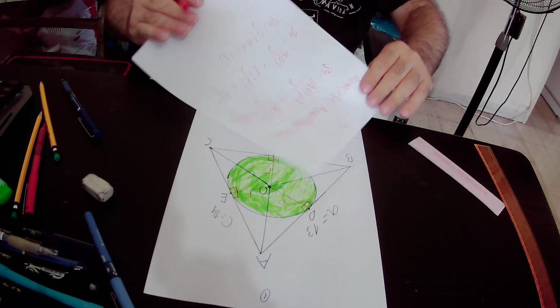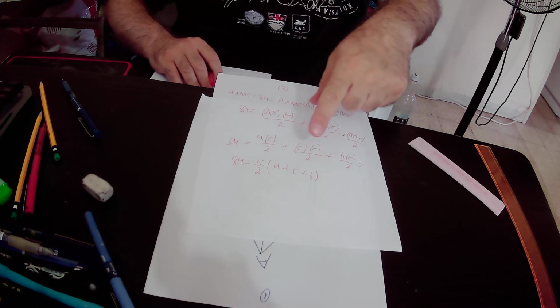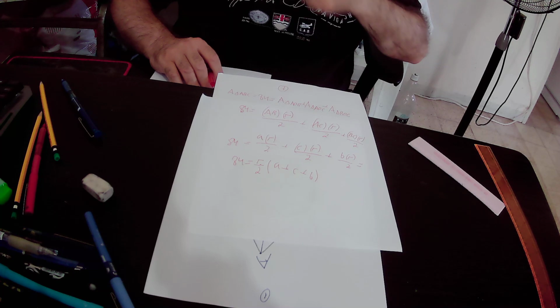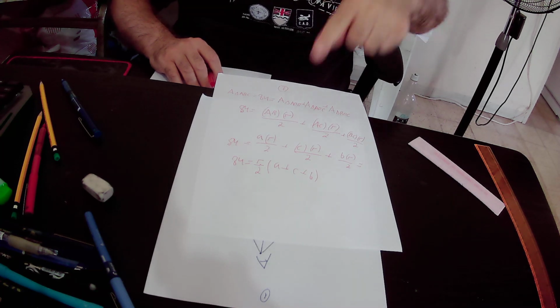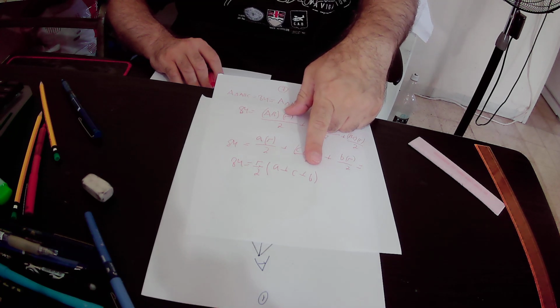Okay, so in total we got that 84 equals R over 2, and in the brackets we have A plus C plus B. And we know that A equals 13 units, C equals 15 units, and B equals 14 units.